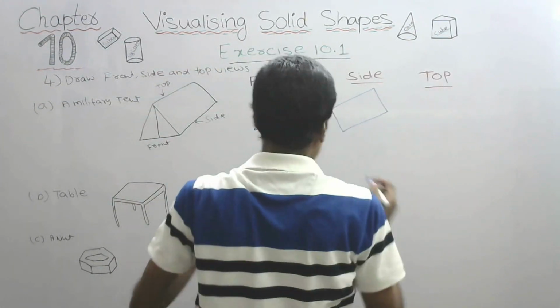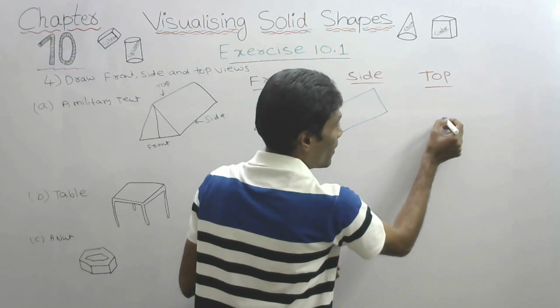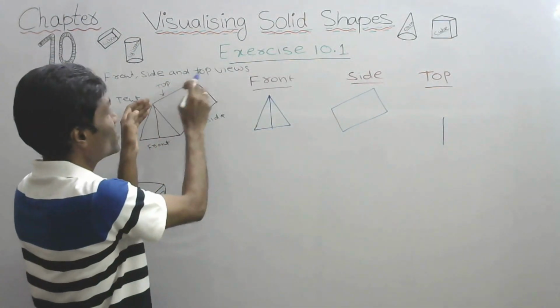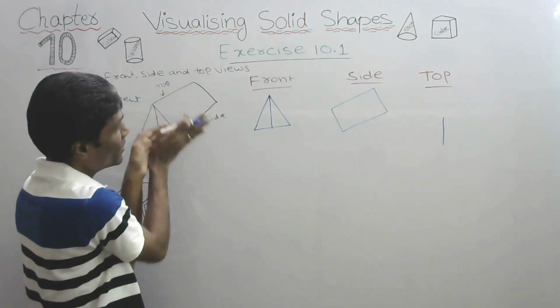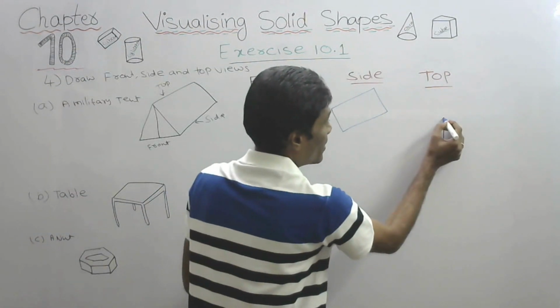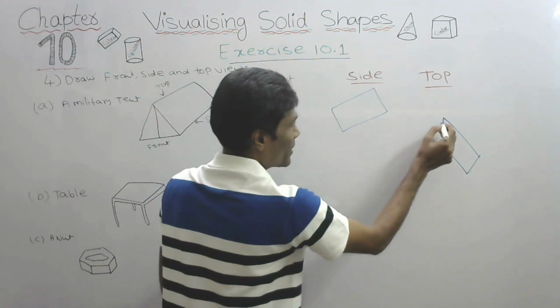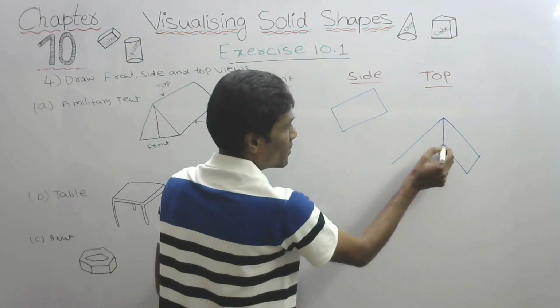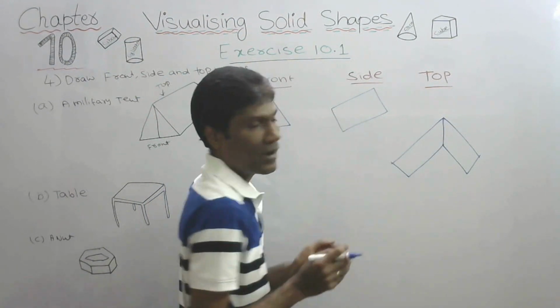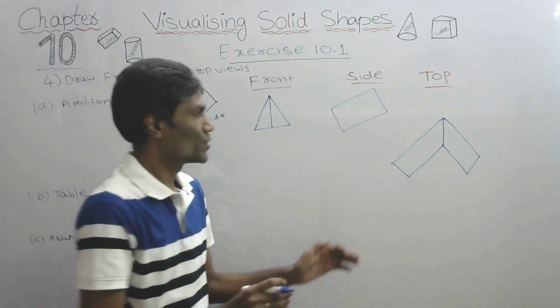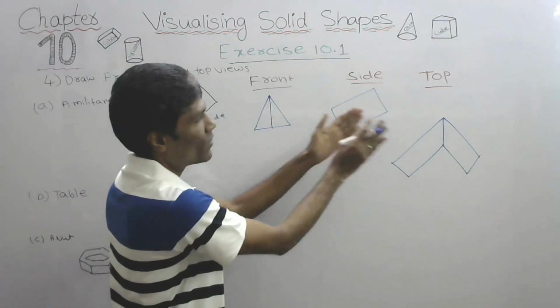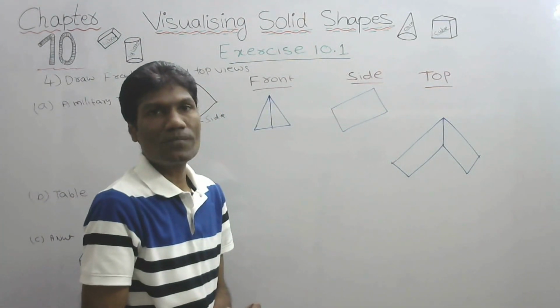When we see from the above, this line and this side, like this, and the other side, like this, it will be shown. So this is front view, side view, and this is top view.